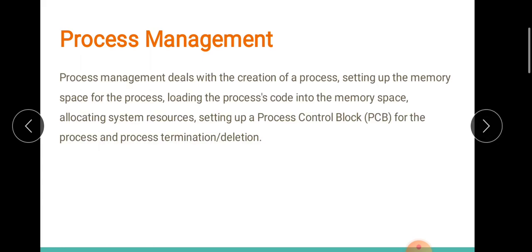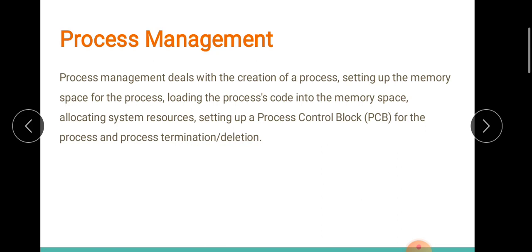So we have seen the process structure, the memory required for the process, as well as the states in the process. Now let's see what process management is. Well, process management, as we have seen earlier, deals with the creation of the process, allotting the memory space for the process, loading the process code to the memory, allotting the system resources, and setting up a PCB, or the process control block.